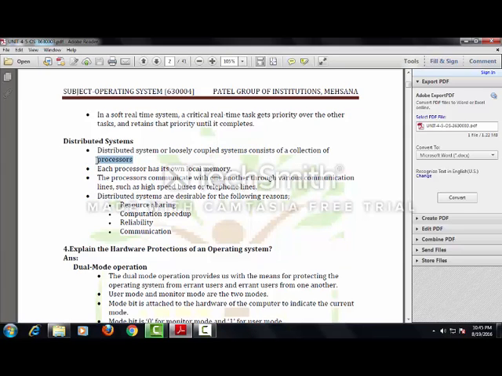We have a number of processors, a number of computer systems, and all the computer systems are connected to each other, so indirectly the processors are also connected to each other, right? Each processor has its own local memory, like internal registers. The processors communicate with one another through various communication lines such as high speed buses or telephone lines.